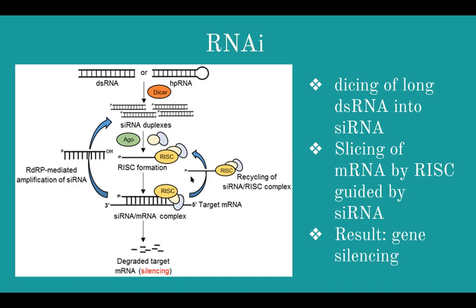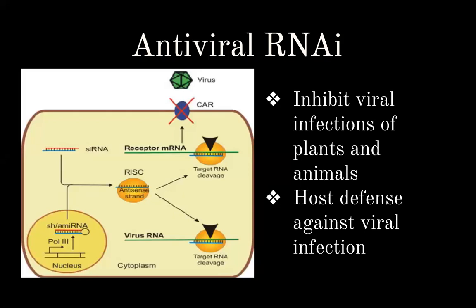So once the messenger RNA, or mRNA, complex is produced through RISC, the result would lead to gene silencing or degraded target messenger RNA.